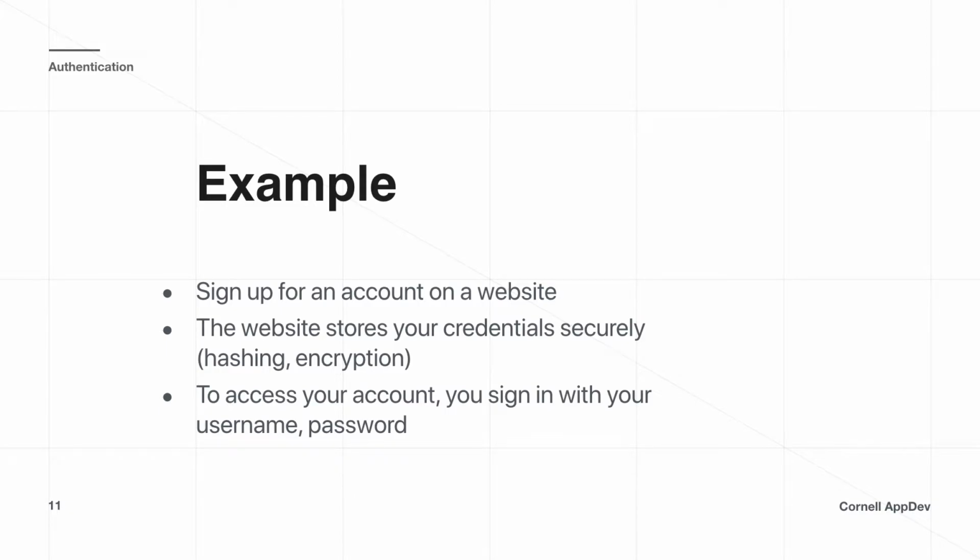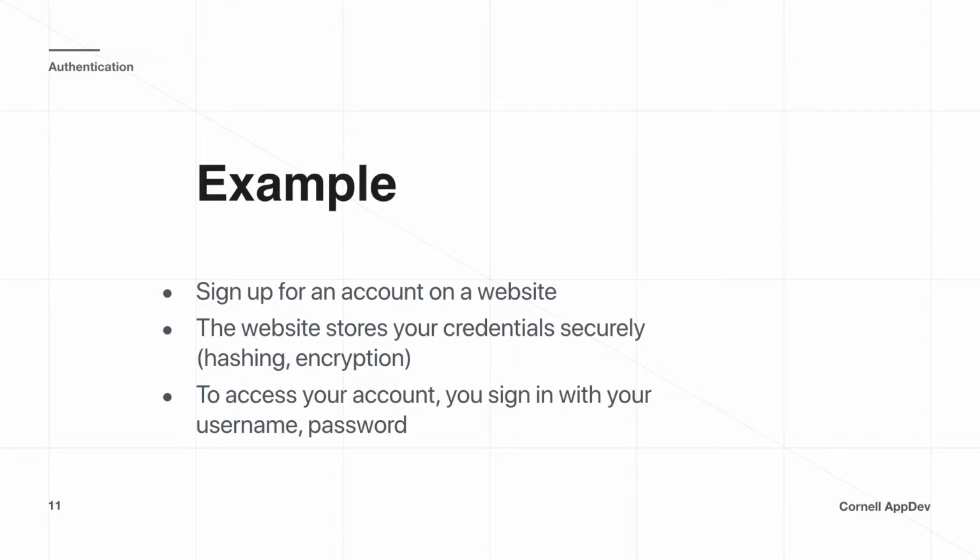So let's go through a really quick example. Say you sign up for an account on a website, and the website is going to store your credentials securely through hashing. If you send your email and your password, they're not actually going to store your password in plain text in the database. That would be risky if a malicious user manages to get access to the database. Instead, we're going to hash it, encrypt your password, so when it's stored, even if they have the database, they're not able to figure out what the password is.